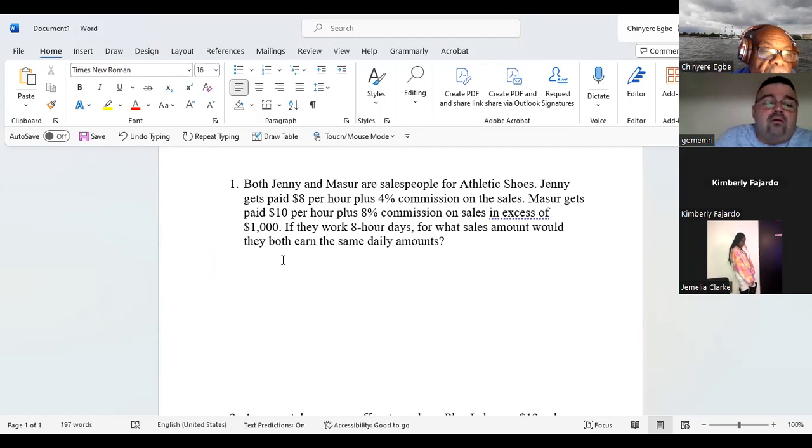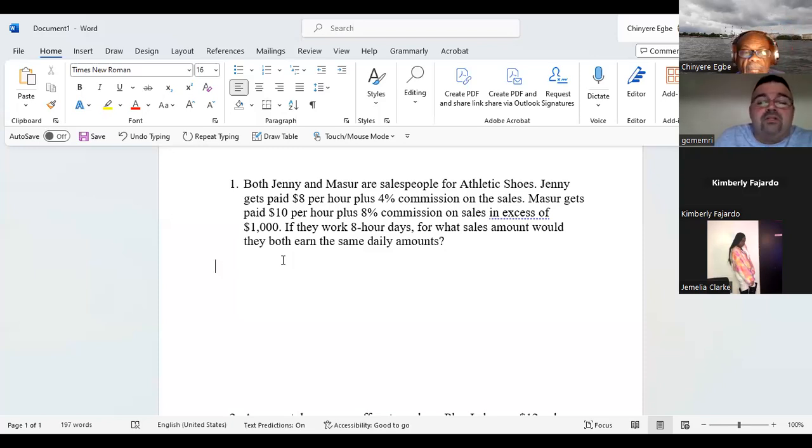The unknown X here is the total sales that they will make. That is the dollar value of their sales. That is what we're looking for here, because it says if they work 8-hour days, for what sales amount will they earn the same daily amount?